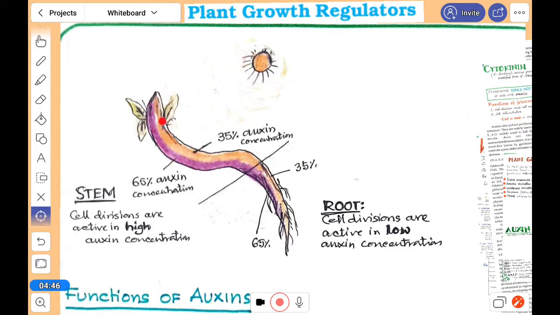The lighted part, this area I am showing now, if the light comes from the source, the auxin concentration becomes low, whereas the shade part, the non-lighted part, the auxin concentration increases.